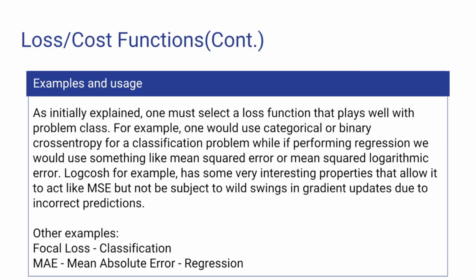and lead to an oscillating problem that I talked about earlier, where the network oscillates around a local or global minima with respect to the optimal solution and never converges. A couple other examples would be focal loss for classification and mean absolute error for regression. And there's tons of loss functions.